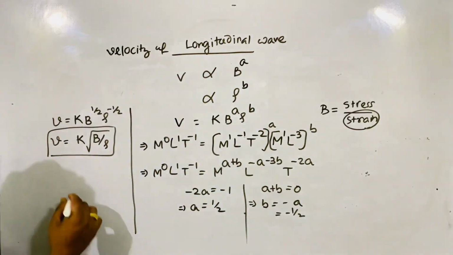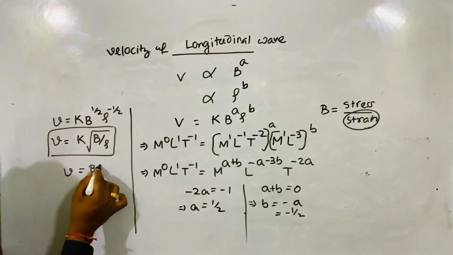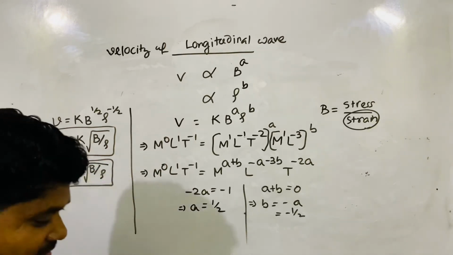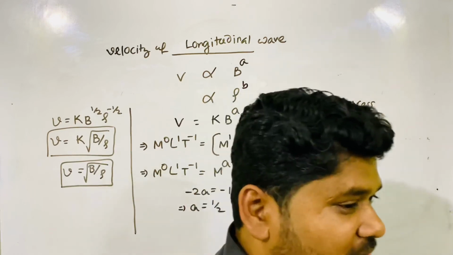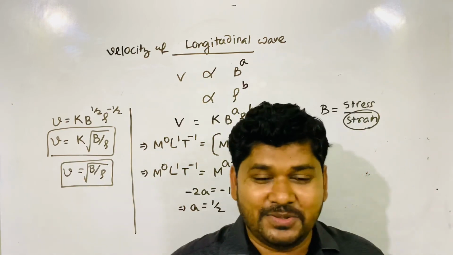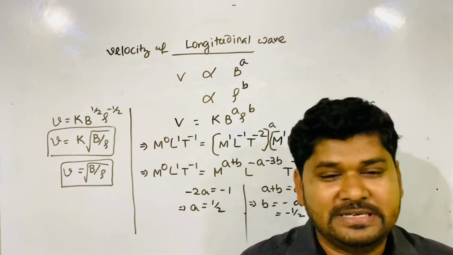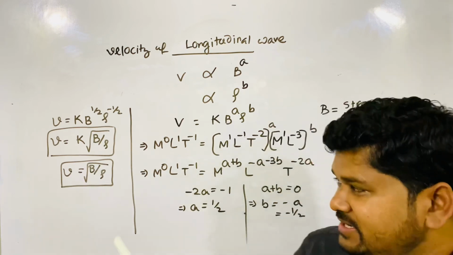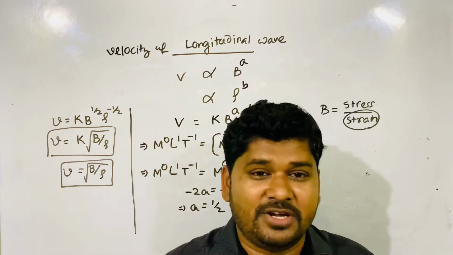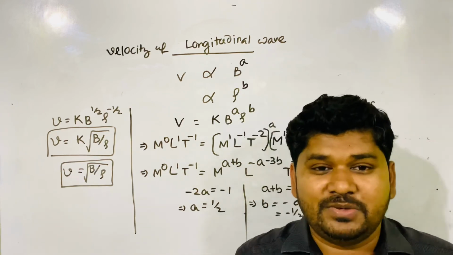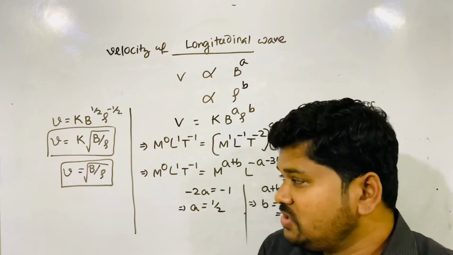So V is equal to root over B by rho. So this is the velocity of your longitudinal wave in a medium. Got it?